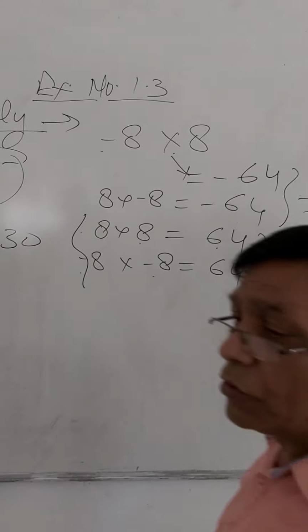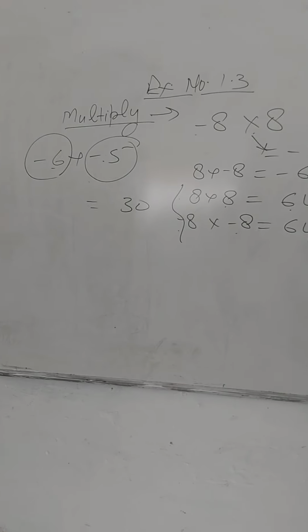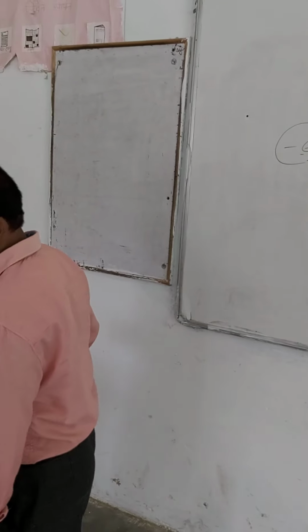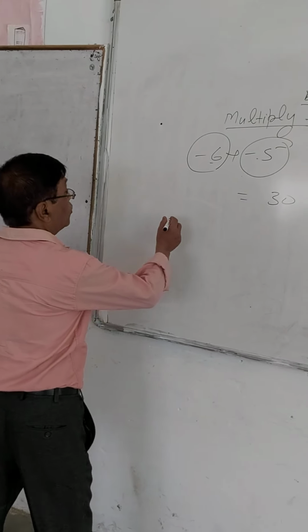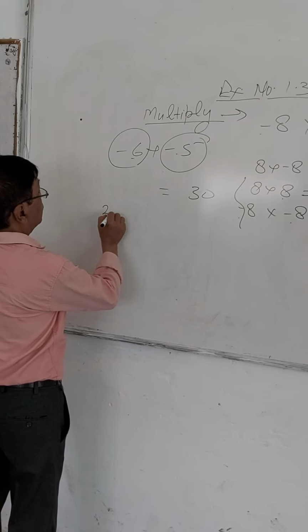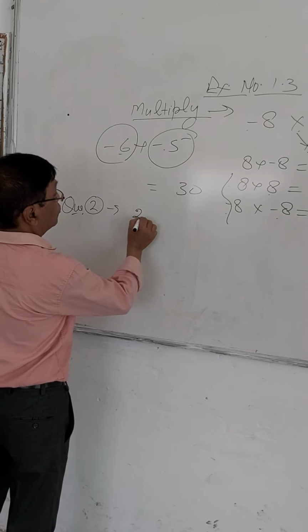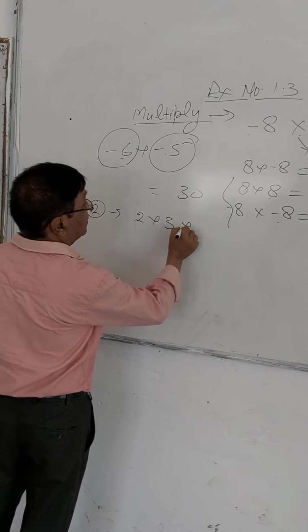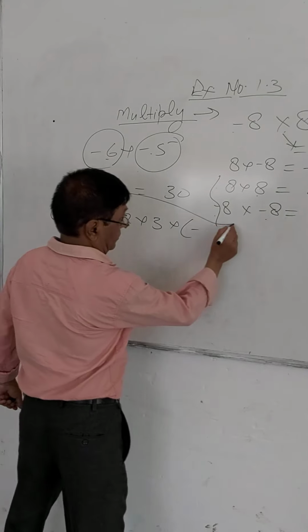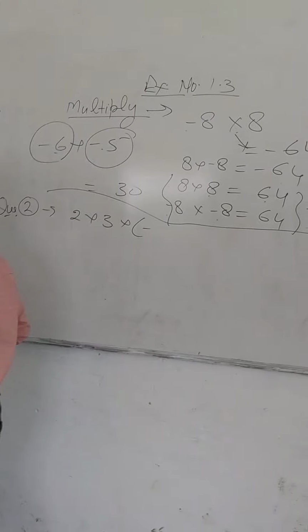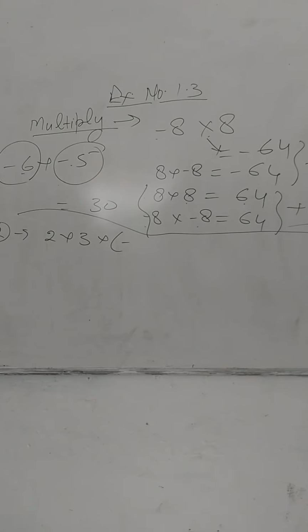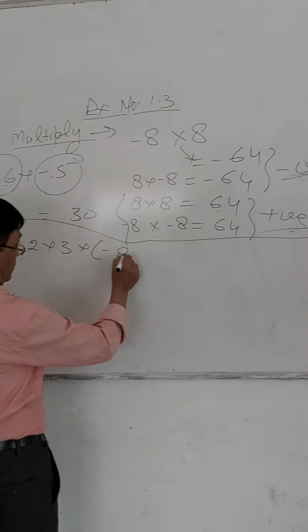Question number 2 is given: 2 into 3 into minus 8.